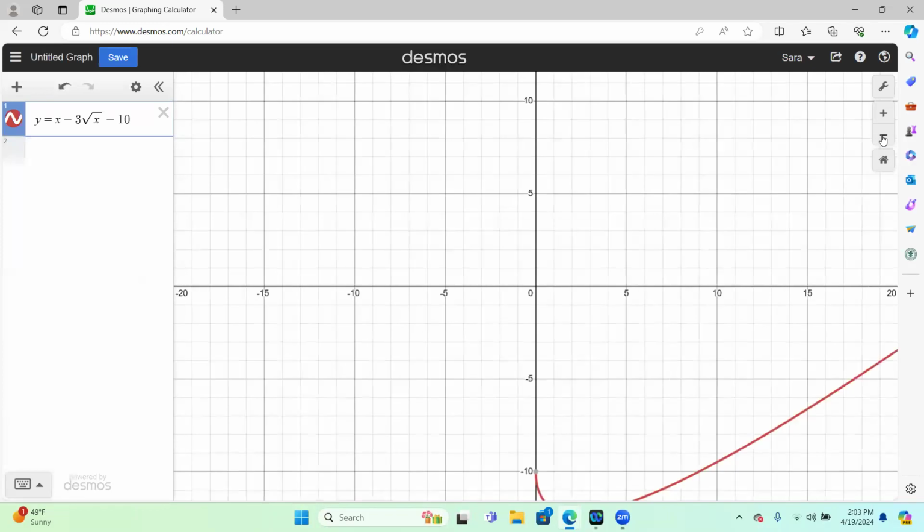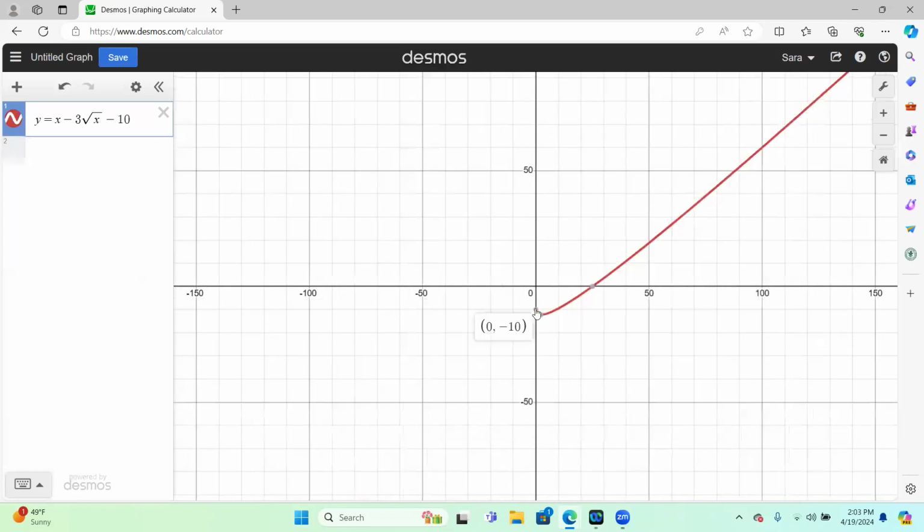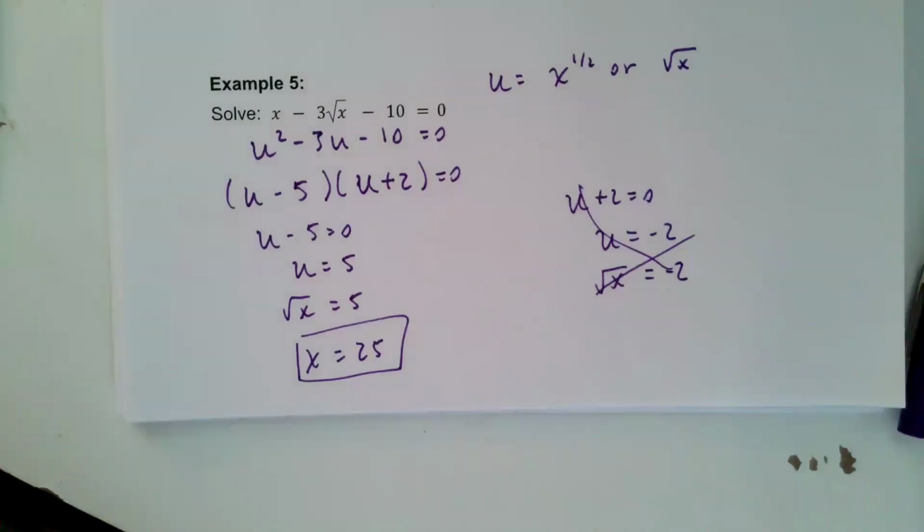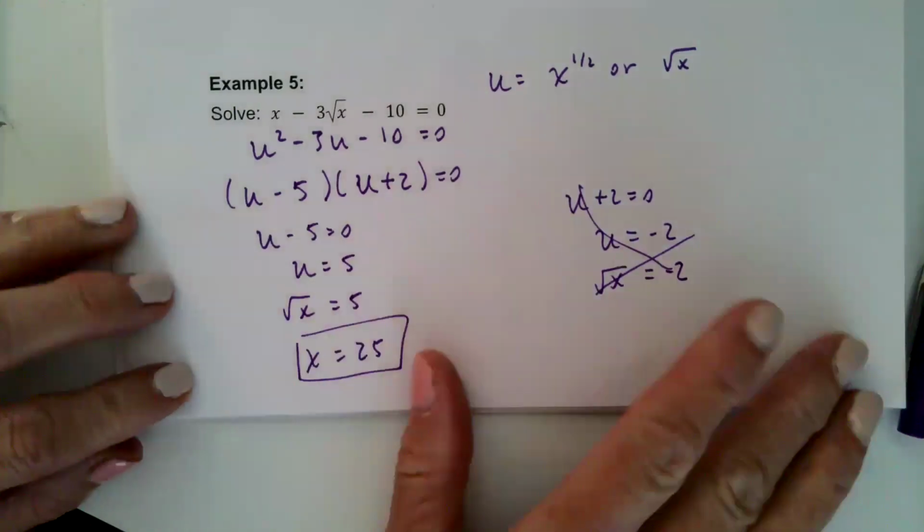I'm going to zoom out so we can see this. You can see that, yes, it only crosses at this positive 25. So that is our only solution.